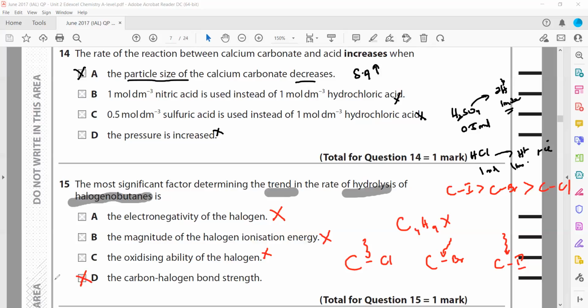If there is a strong bond between carbon and the halogen, then the reaction will be slower. That's why the carbon-iodine bond is a weak bond, so it can be broken easily. That's why the halogenobutanes which contain iodine react much faster than bromine, and that reacts much faster than chlorine.